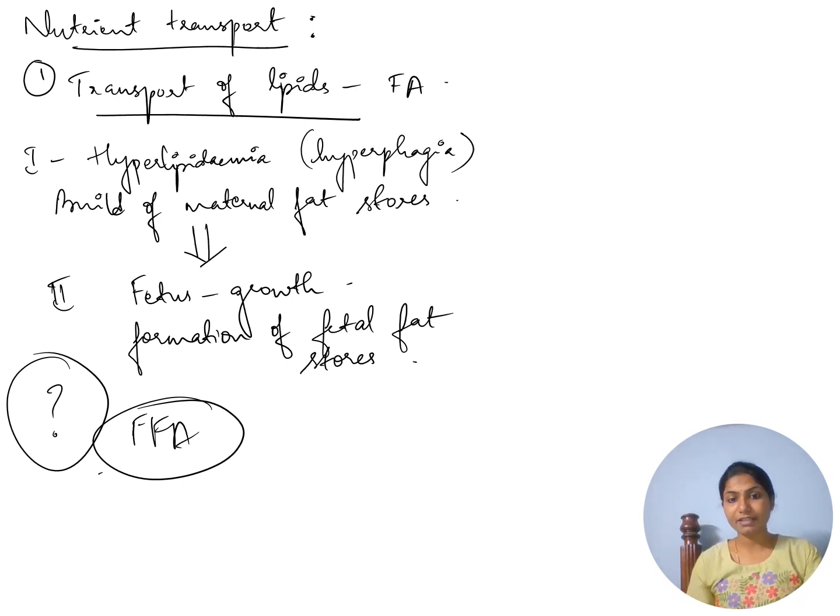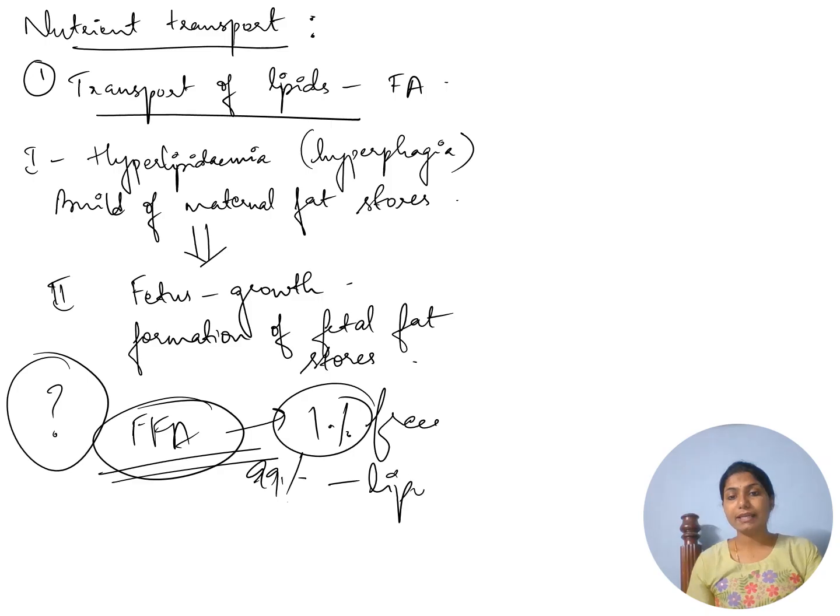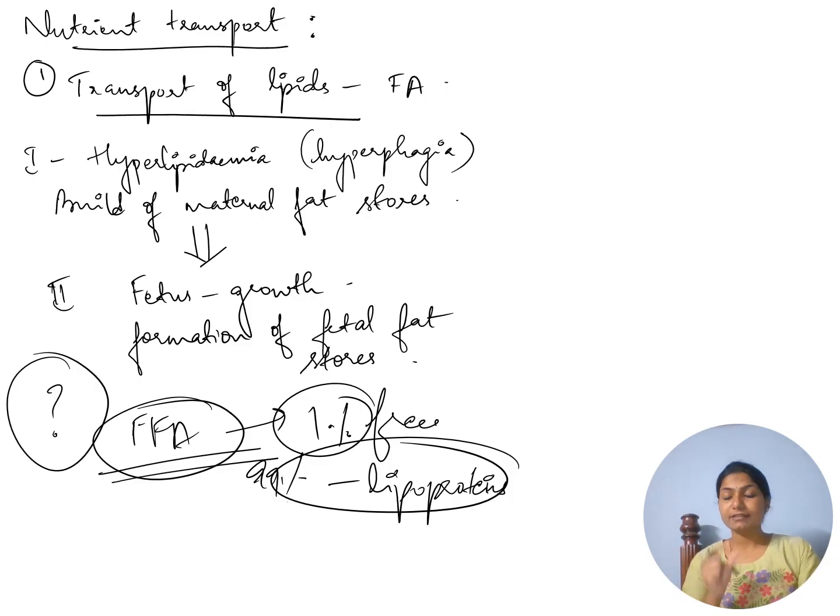And amongst the fatty acids, only 1% are free, while 99% are bound to lipoprotein. So these have to be broken down and the essential free fatty acids have to cross the placenta. These free fatty acids are the building blocks for the establishment of both maternal and fetal fat stores. So we have to remember that.